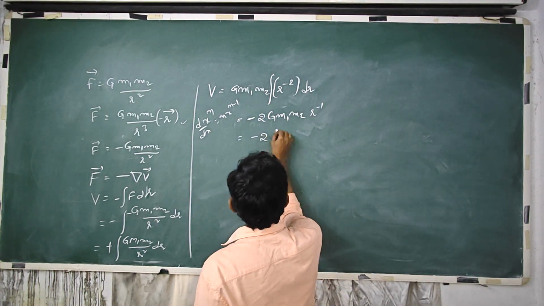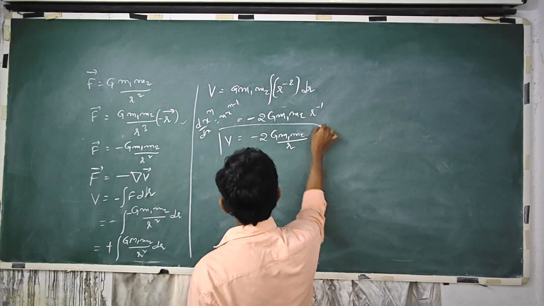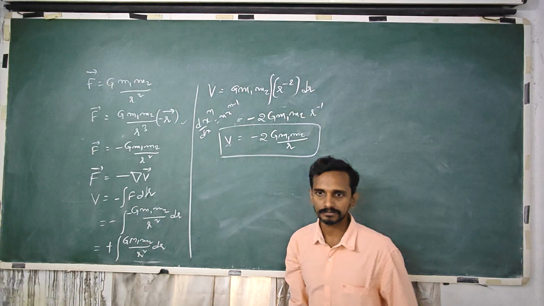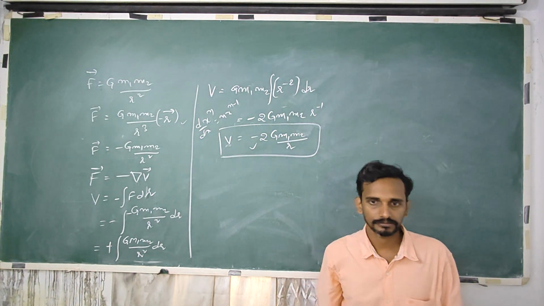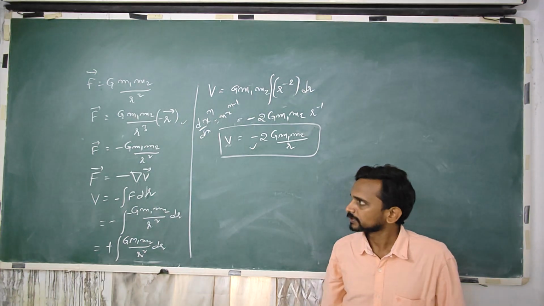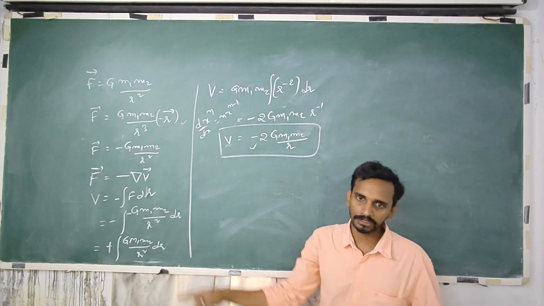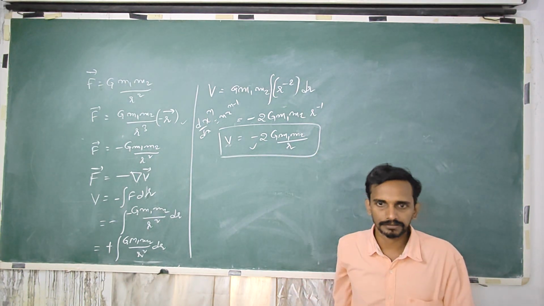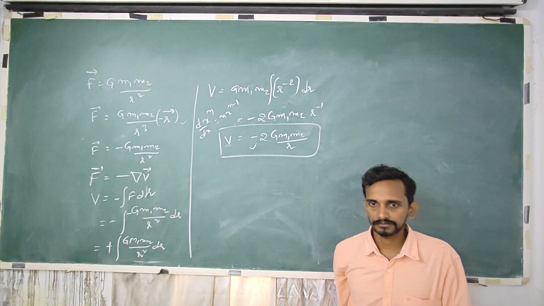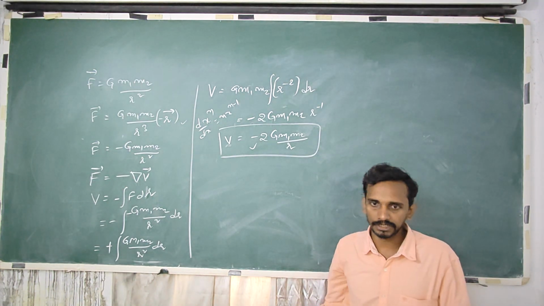So it is minus 2 G m1 m2 by r. So this is the potential. So we get a negative sign here. If force has a negative sign, since the variable is in the denominator, even after integration we'll get a negative sign. So this gravitational potential is negative. It is attractive.